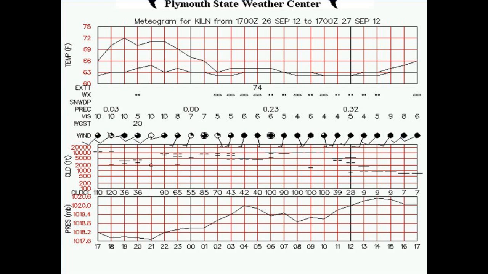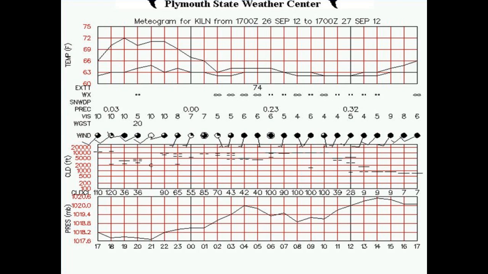Just above this, you can see an indication of where the cloud deck is. For the most part, the clouds have been low clouds around 5,000 feet, and sometimes getting down as low as below 1,000 feet. Winds have been progressively out of the south, as indicated by the wind barbs just above this.